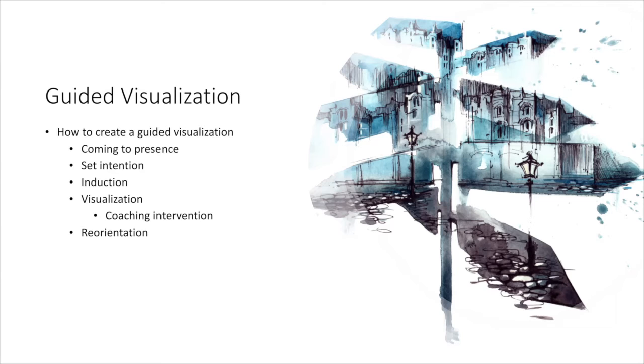Part of the visualization includes the coaching intervention, which may include suggestions, affirmations, and creative problem-solving techniques, which we integrate into the visualization description to resolve questions, to resolve issues, to manage states, and to create insight.